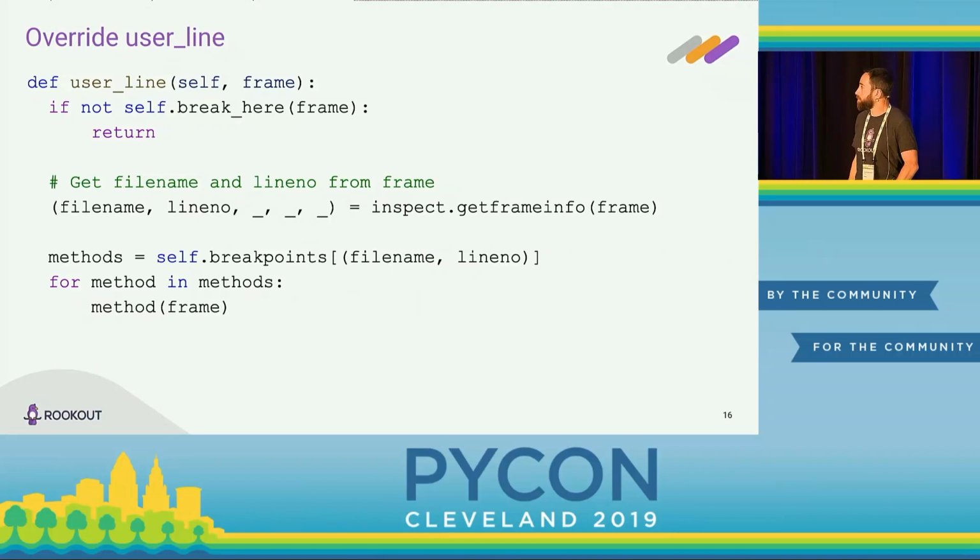I'm going to talk about inspect a bit later in this talk. And then we get from the breakpoints the callbacks that have been registered for this file name and line number, and we execute each of them with the frame object. That's it. In those 3 simple steps, we've built a breakpoint-oriented debugger for Python.